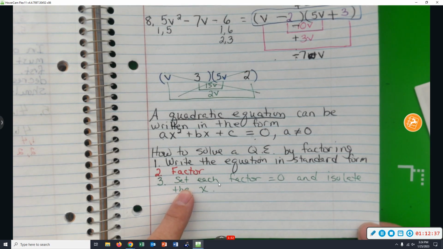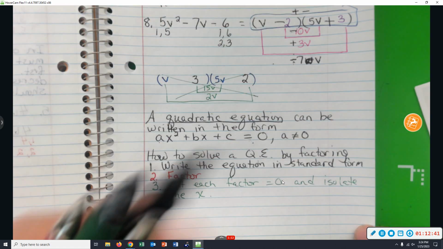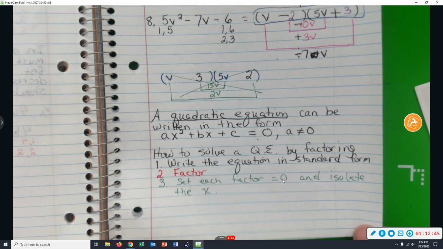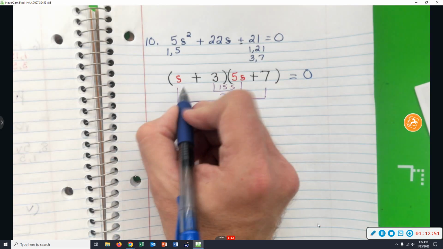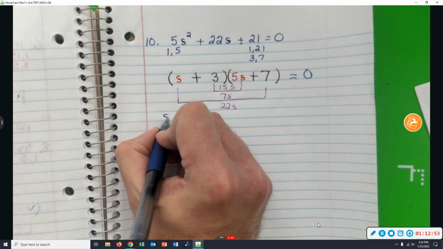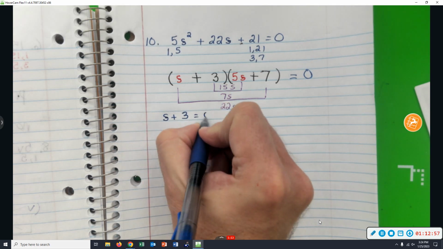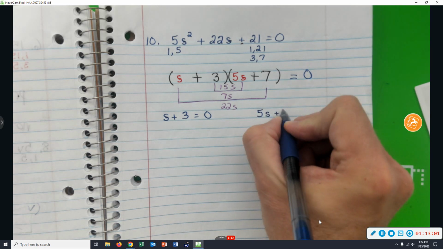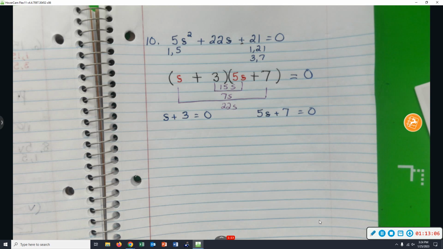Take each one of those factors. This is the new step that you weren't doing on these previous problems. Take each set of parentheses, each factor, set it to 0 and isolate the x, or in this case s. So I take s plus 3, set it to 0, and 5s plus 7, set it to 0.